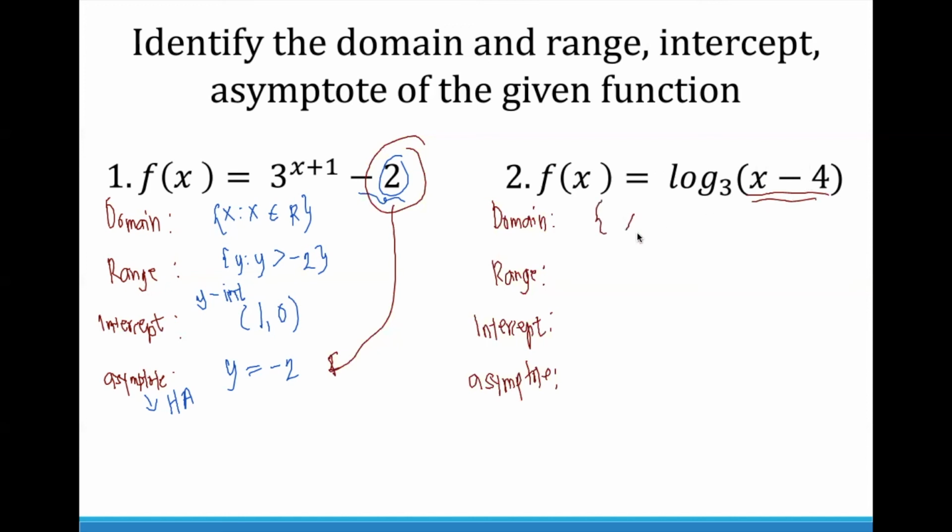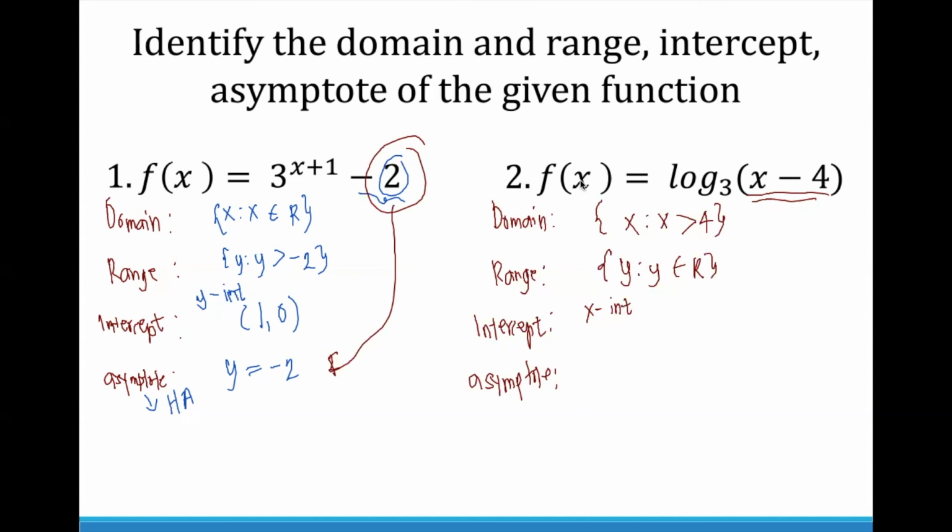So the domain is x such that x is greater than 4, in set builder notation. How about our range? Again, it interchanges, so y such that y is an element of the real numbers. Here we have the x-intercept.